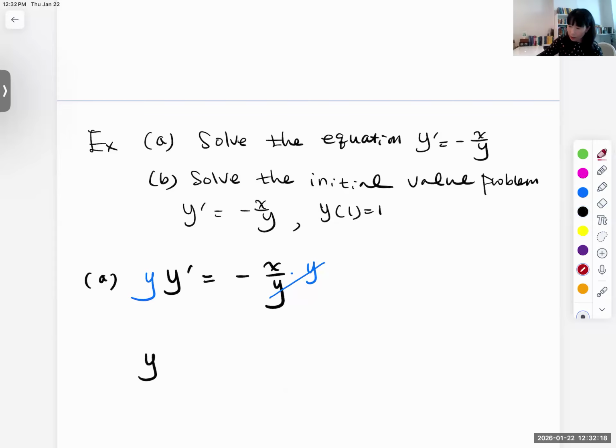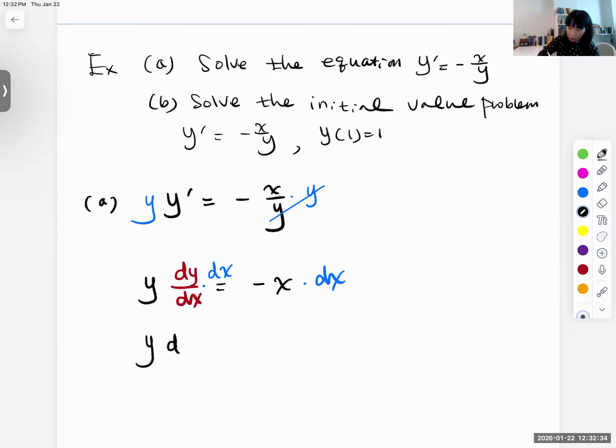So we will have y times dy over dx equal to negative x, then multiply by dx. There will be y dy equal to negative x dx.